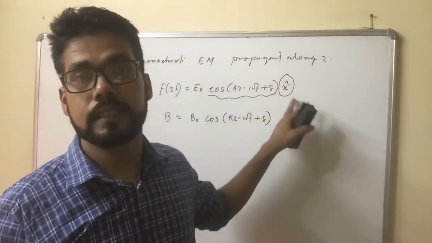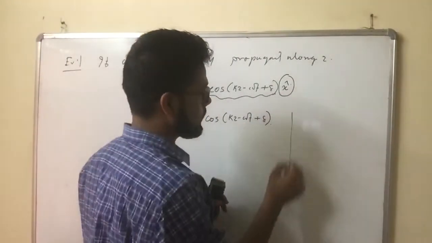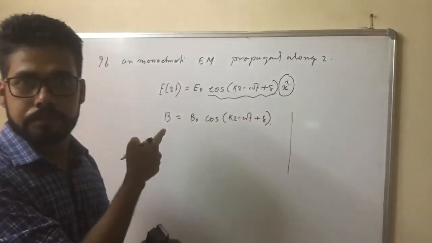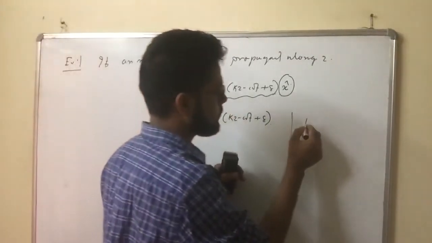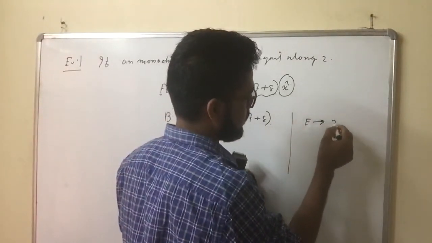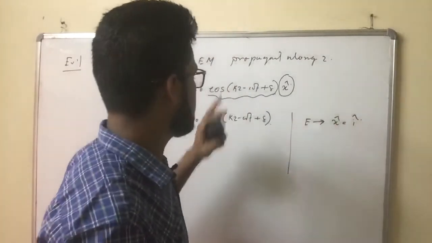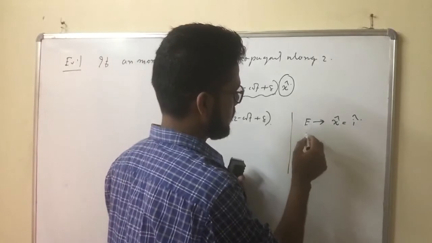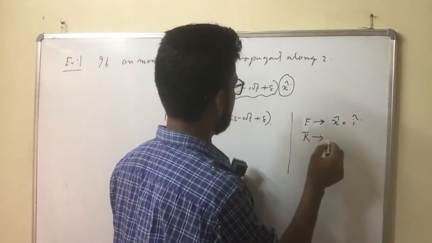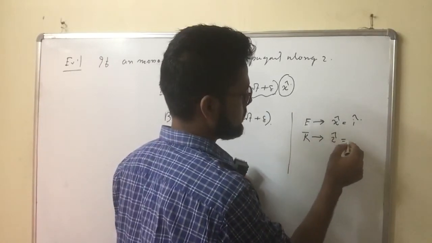Only check the direction. The electric field direction is x cap, which means i cap. The propagation direction vector is z cap, which means k cap.